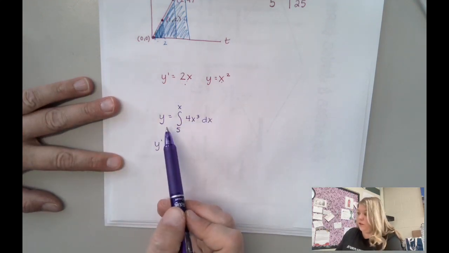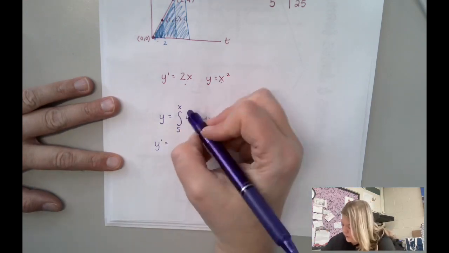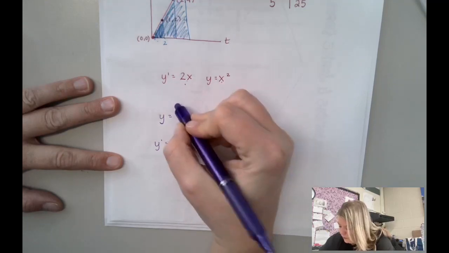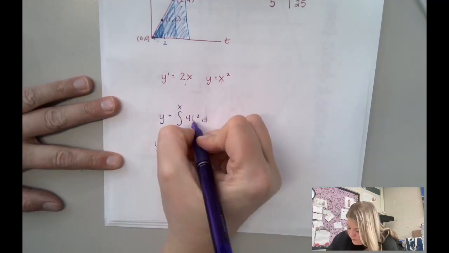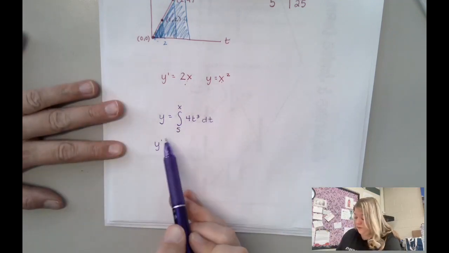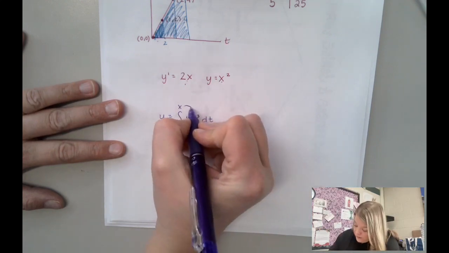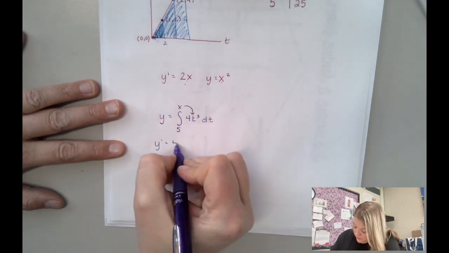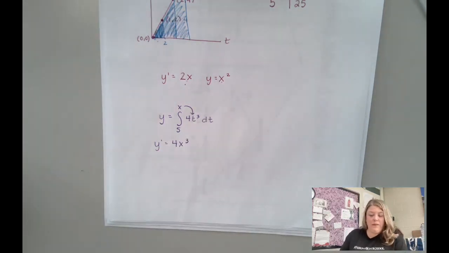Well, the derivative and the integral are going to cancel each other out. Oh, and I'm sorry, when we write these, we don't put the x in both places here, so this should be a t, or some other letter. But when I go to take the derivative, the derivative and the integral cancel each other out, and my answer will be 4x cubed.